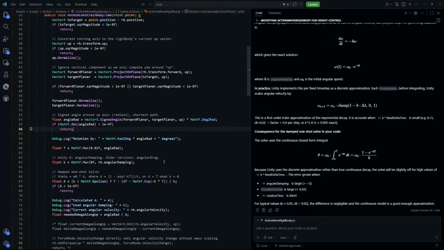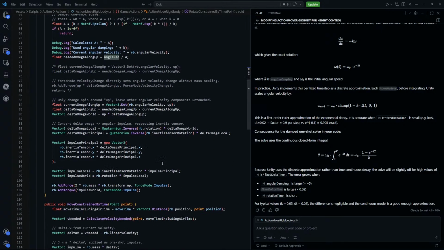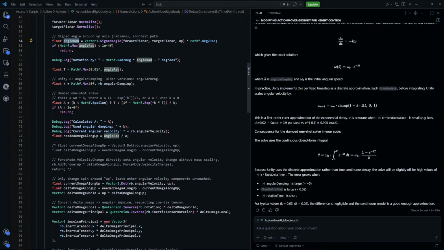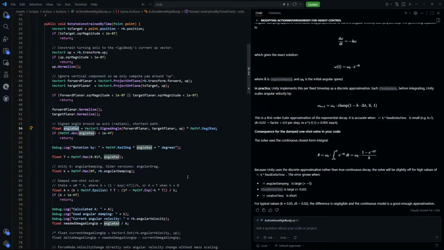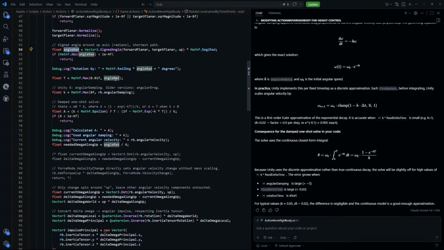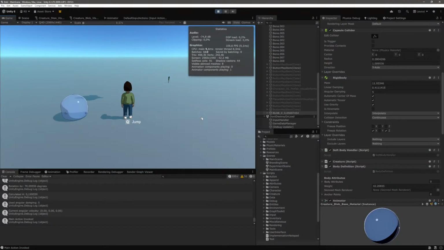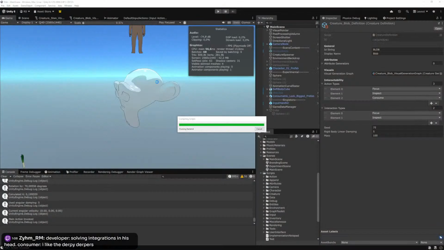Why are we still getting... Oh, I changed the wrong parameter here. But okay, I'm probably okay with going down to 5 in angular drag. Maybe we can go even lower.